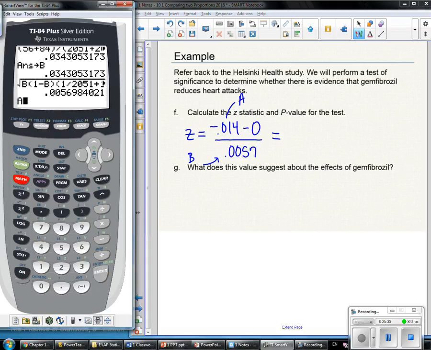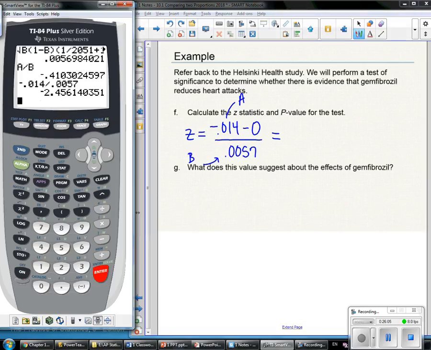I'm just going to do A divided by B. And my z-test statistic, oops, I did something wrong here. Let's see, negative 0.014 divided by 0.0057 is negative 2. Yeah, that's what I should get.